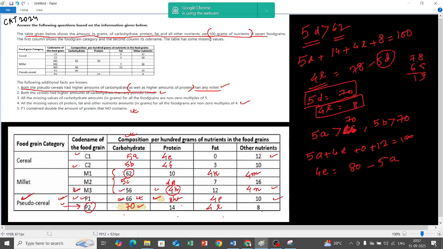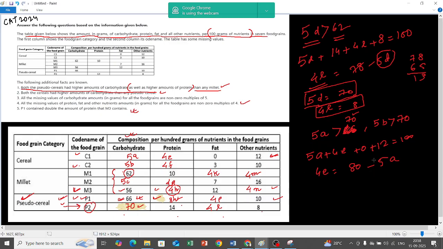Now we are taking this row. In this row we have 5A plus 4E plus 0 plus 12 equals 100. Now what is 4E? 4E is 80 minus 5A, right? Now you tell me which value of 5A should I take such that it is greater than 70, and on subtracting I must get a multiple of 4.